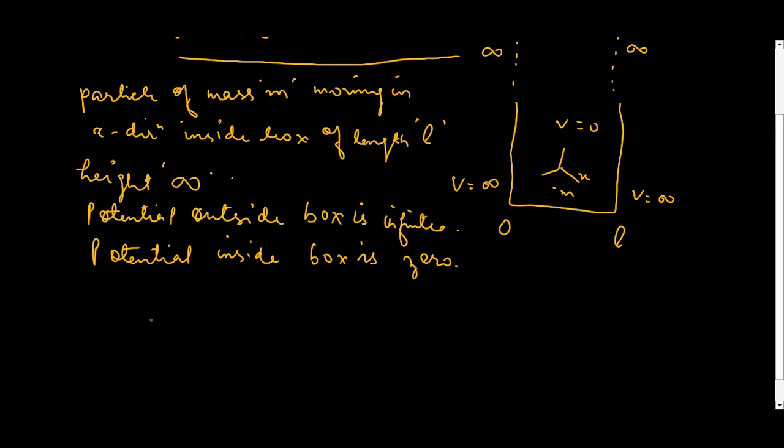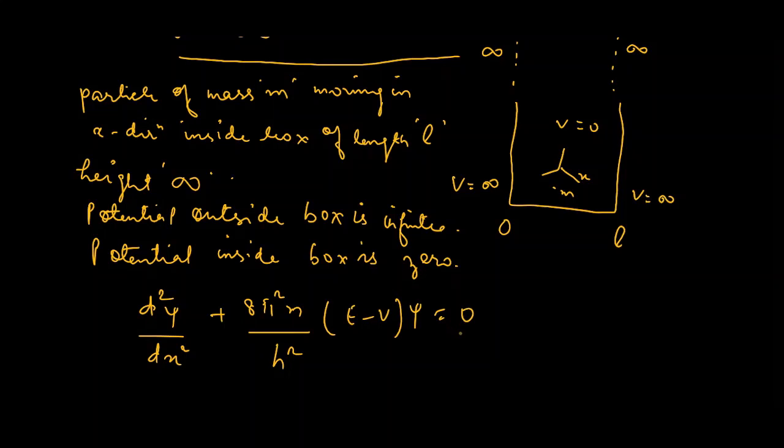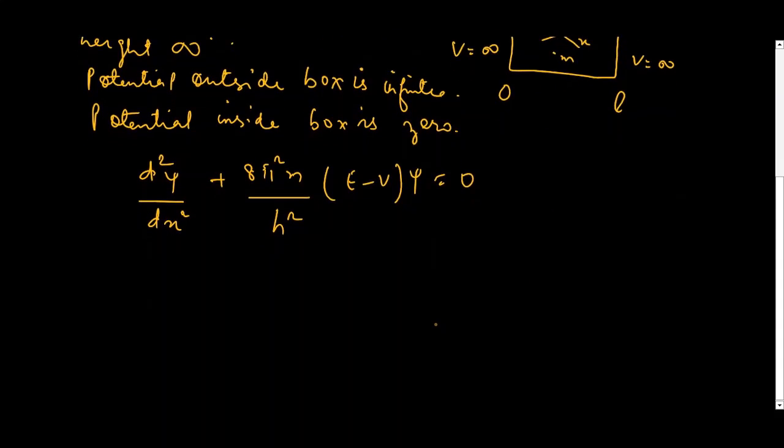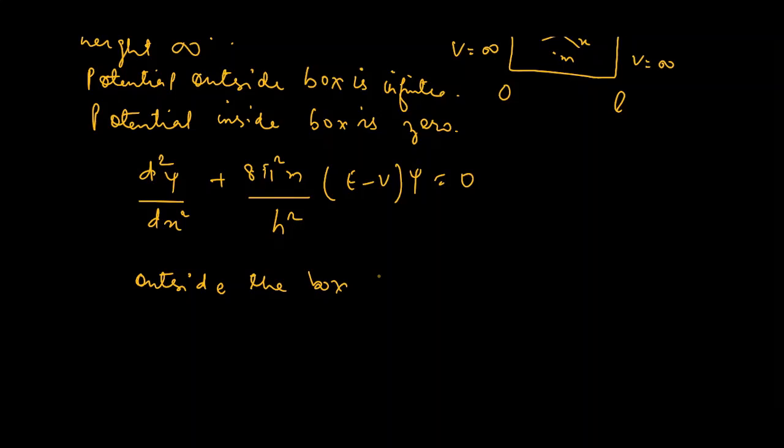So for this system, we can write the Schrodinger wave equation as d square psi upon dx square plus 8 pi square m upon h square into (E minus V) psi is equal to 0. Now the potential outside the box is infinite.